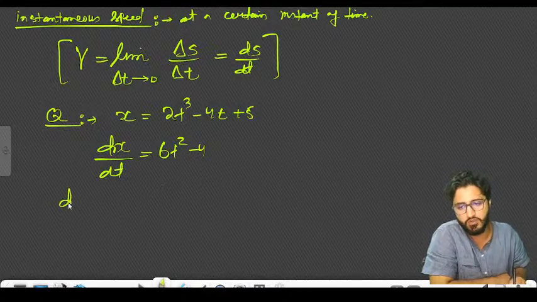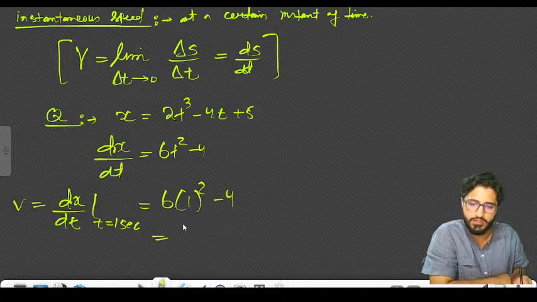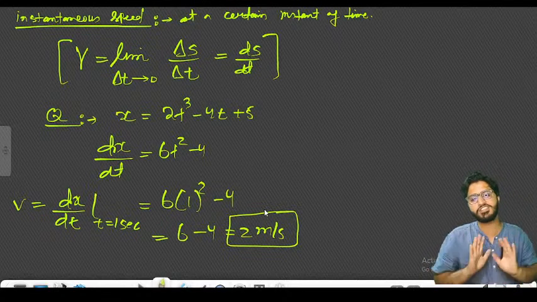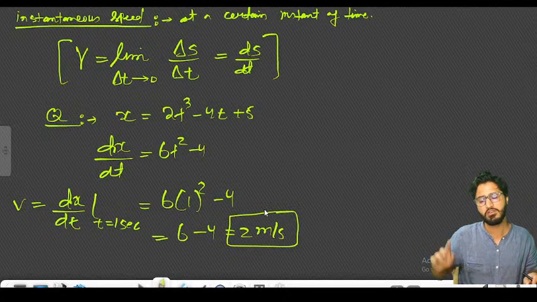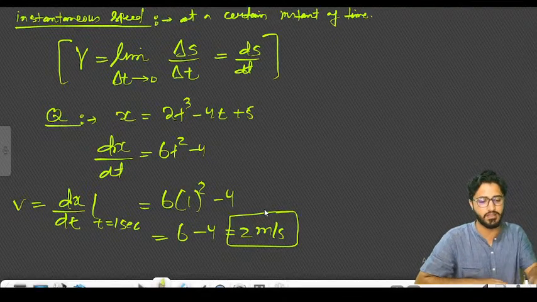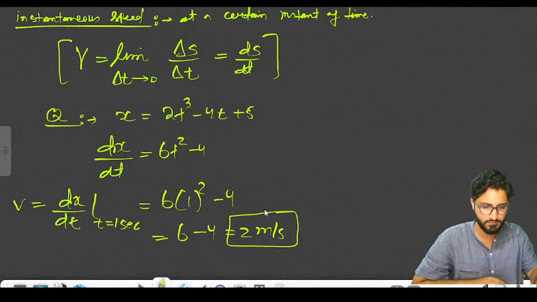If I tell you to find the speed at t equals 1 second, you will write 6 multiplied by 1 square minus 4. It is 6 minus 4, that means it is 2 meter per second. Easy differentiation, nothing more than that. V is dx by dt or ds by dt. Clear?